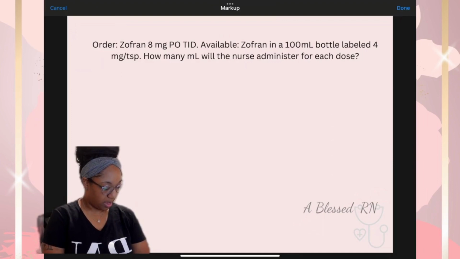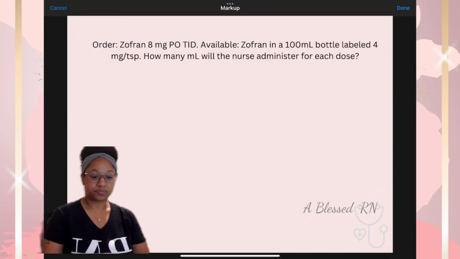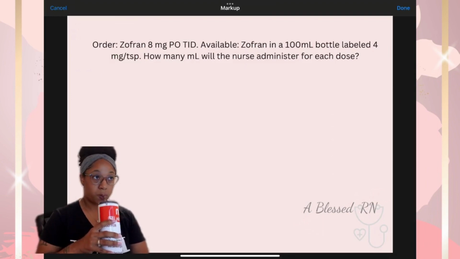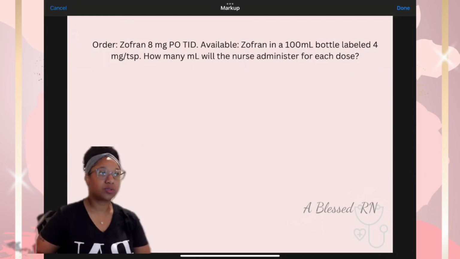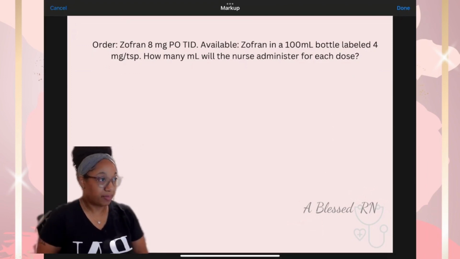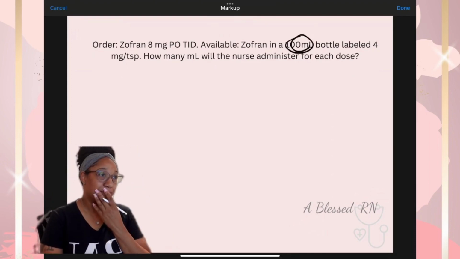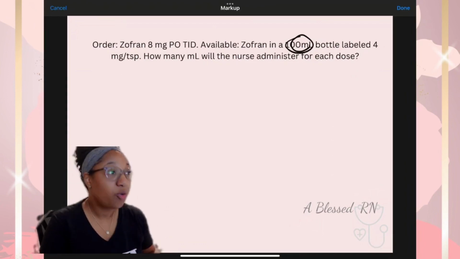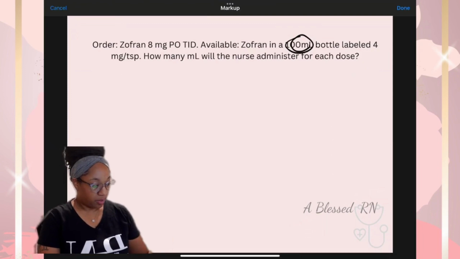Alright, so what part of this problem is fluff? This part right here, that's fluff. You don't need that part. All you need when you solve these problems is the concentration. In this problem it's 4 milligrams over a teaspoon.